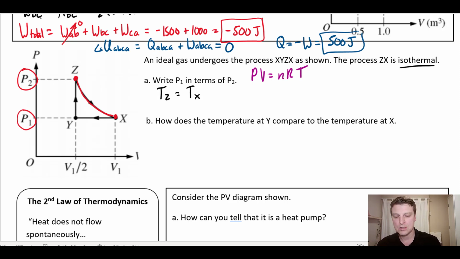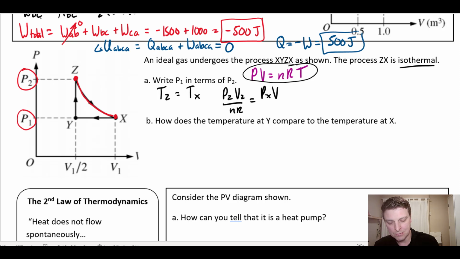So if the temperature at Z equals the temperature at X, I could rewrite this equation, solve it for T, and set them equal. I would have PZ VZ over nR equals PX VX over nR.